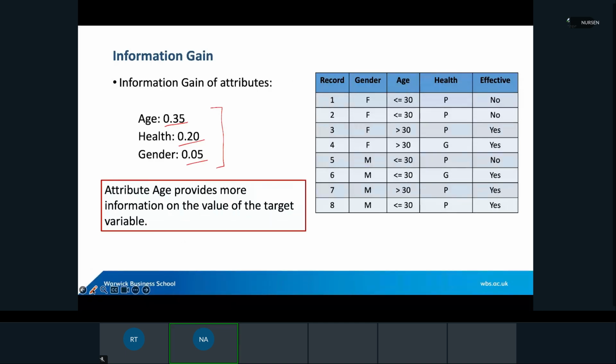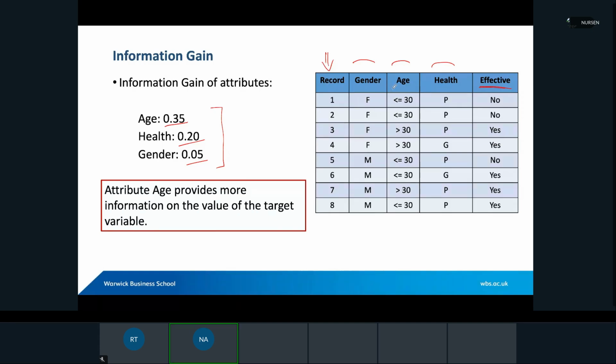So in this case, we individually checked gender, then age, then health, and tried to see, by knowing these features, whether we can make a better prediction about the target variable. For instance, by knowing the ID, we will not make any good prediction, right? It doesn't provide any information about the target.